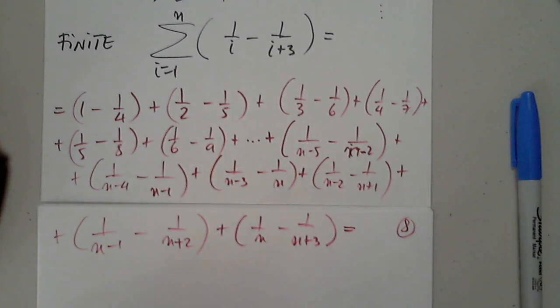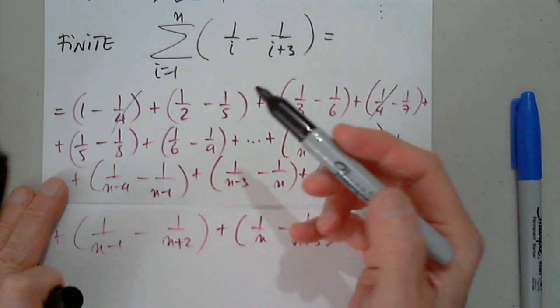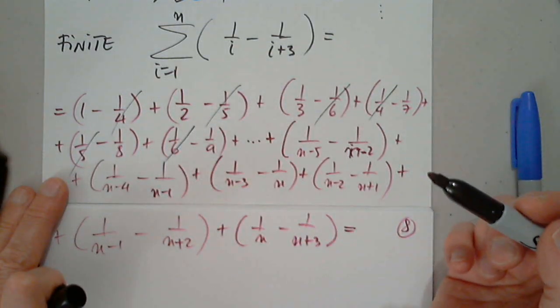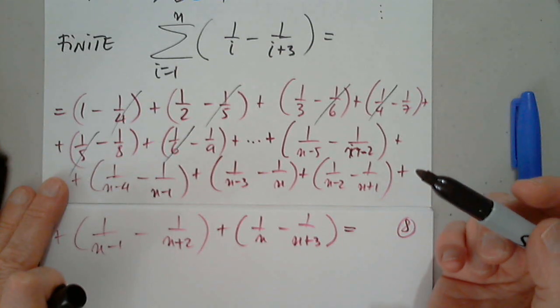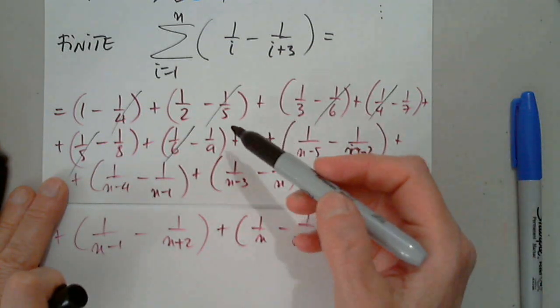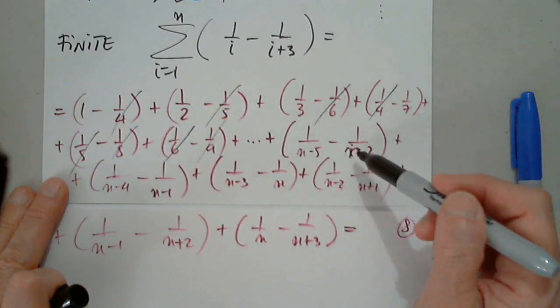And now let's see, hopefully a lot of terms go away. And let's take a look. Negative 1/4 with positive 1/4, negative 1/5 with positive 1/5. What else is going away? 1 over 9th will eventually go away. 1 over 8th will eventually go away.